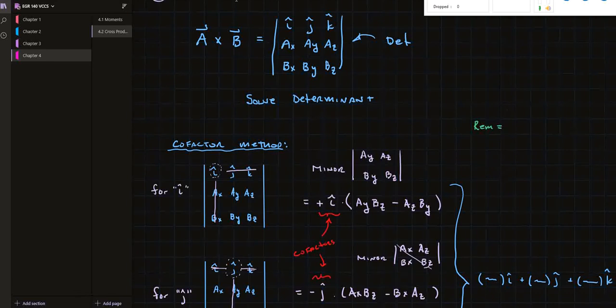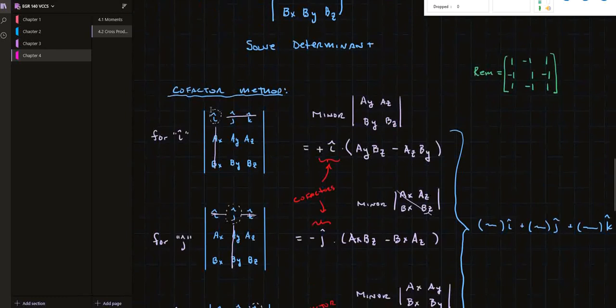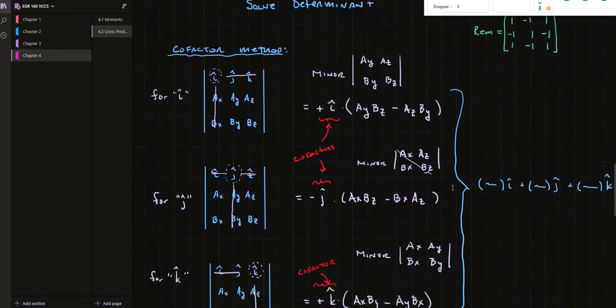It goes 1, minus 1, 1, minus 1, 1, minus 1, 1, minus 1, 1. This is how the negative sign works based on what you are going to use in your cofactor.